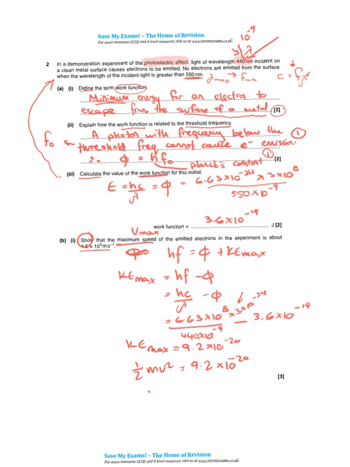We rearrange. v is equal to the square root of 2 times 9.2 times 10 to the minus 20 divided by the mass of the electron, because I'm dividing both sides by the mass, which is the mass of the electron, and then you square root to find the answer, which will give you 4.45 times 10 to the 5 meters per second, which is approximately 4.5 times 10 to the 5 meters per second, as required to show.